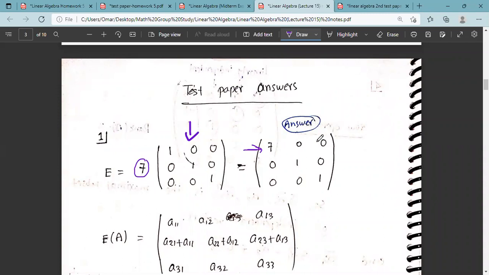Then I got 7 0 0, 0 1 0 and 0 0 1. So this is our answer.